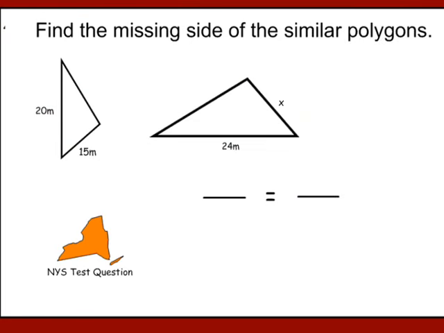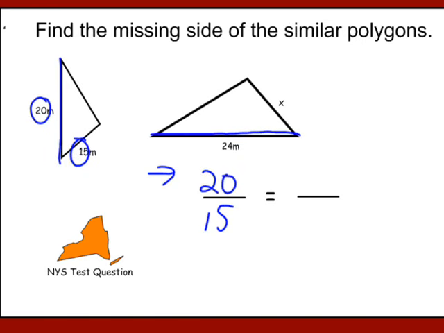Okay, now here's one. These are similar triangles. One's just rotated. So I'm going to compare the ratio of this triangle is 20 to 15. Now be careful. So that top number was the larger side, was the base of this triangle. I'm going to use the base of this triangle.